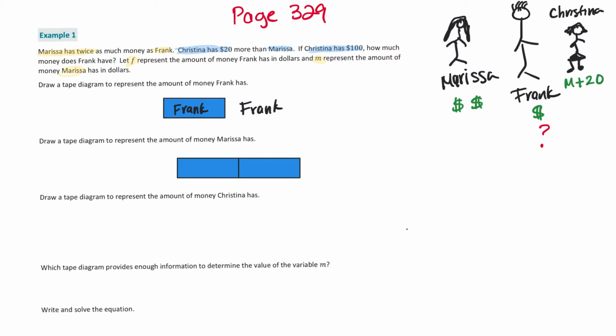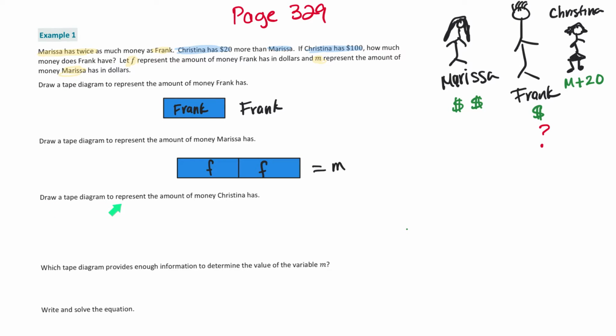Didn't we say that Marisa has double Frank? So whatever Frank has, we have double, and that is Marisa's. They told us to use F. If you want to use the F for Frank, that's fine. And that is going to equal what Marisa has. They told us to use M.